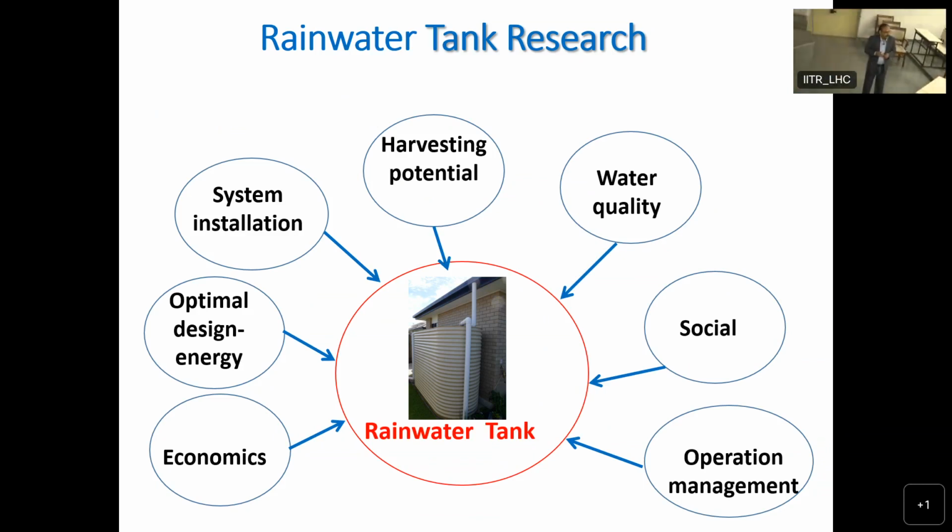Economics: then you think what is the cost we are paying for potable water supply which you are using for non-potable application. That is one aspect. Another aspect is, by saving the amount of water, what are the cost externalities associated with that? The environmental cost associated.